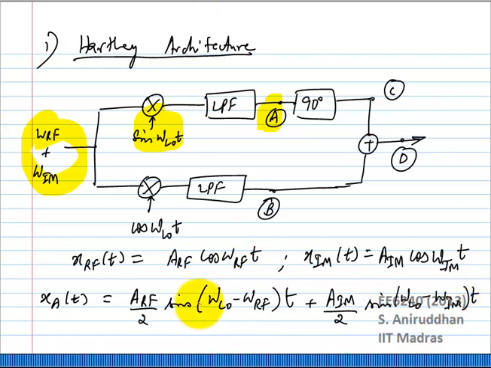I am going to write this as omega RF minus omega LO, and I am going to put in a negative sign here. Okay? So let me actually put that in blue.